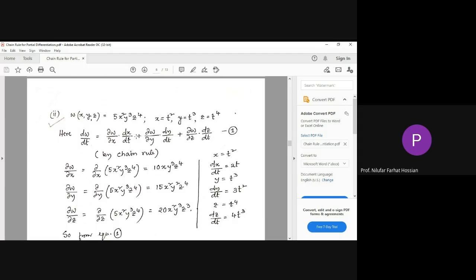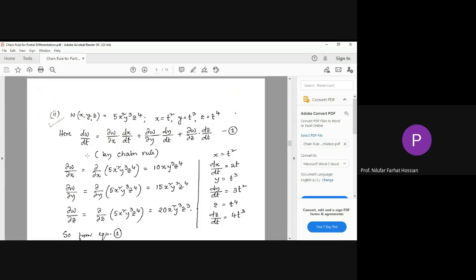So by performing dw by dt using this chain rule, it must be the same thing as if you perform the differentiation directly, expressing this w in terms of t and then performing the ordinary differentiation dw by dt. The results must be the same. If you do not have the same result, that means you have done some mistake somewhere.